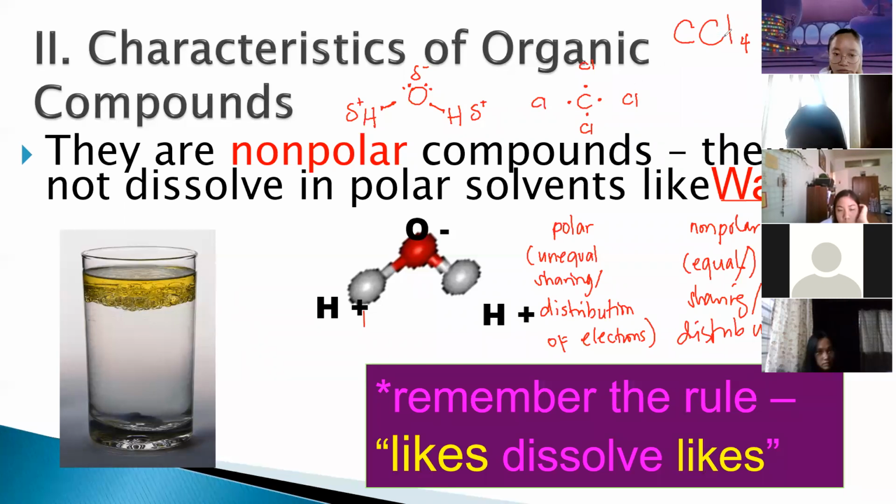Chlorine is a member of group 7 in the periodic table, which means it has 7 valence electrons. So 1, 2, 3, 4, 5, 6, and then 7. The other one will be shared to carbon. And that is also true, class, for the remaining chlorines. Okay?